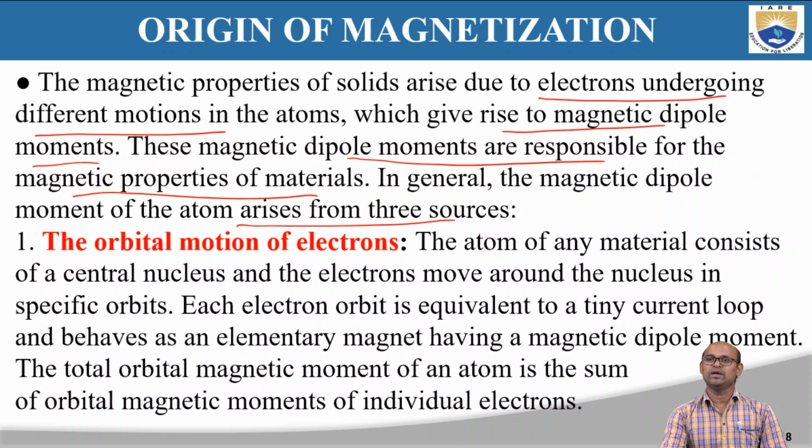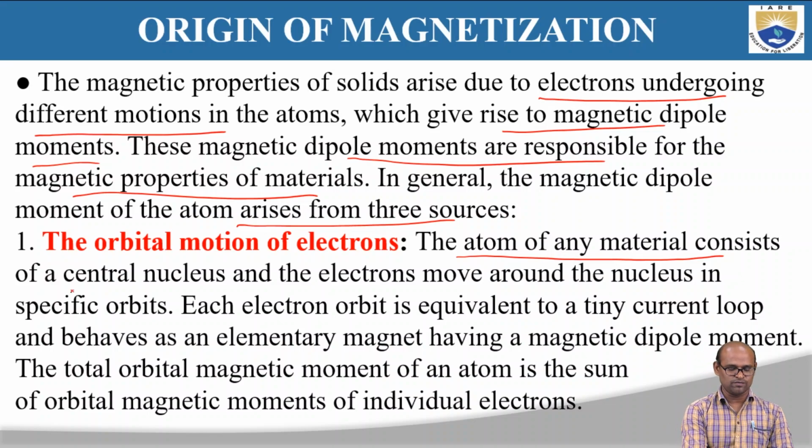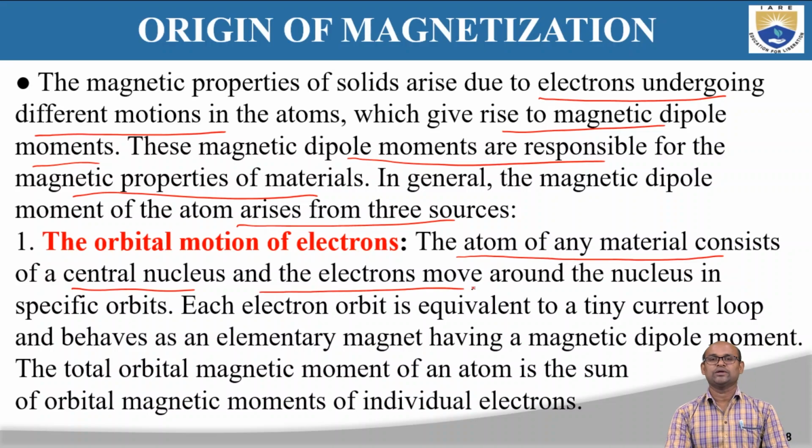Any material consists of atoms, and each atom consists of a central nucleus, which is positively charged, as well as electrons that move around the nucleus in circular orbits.